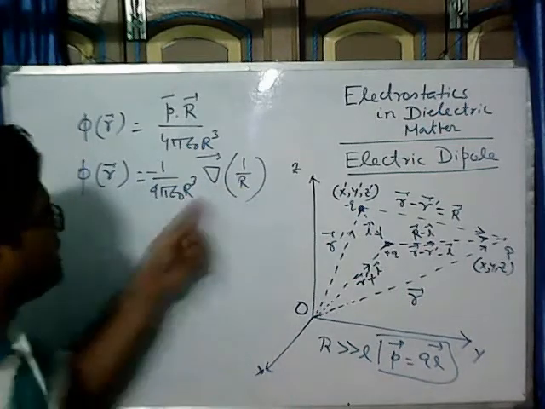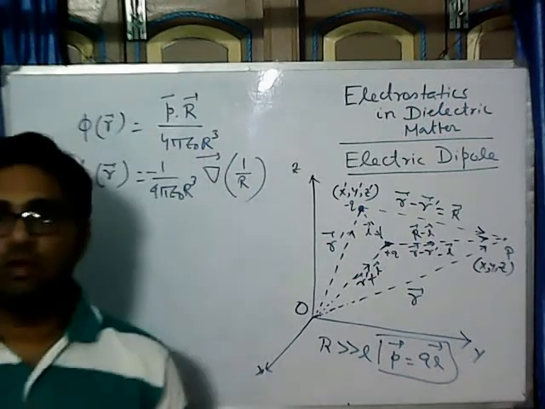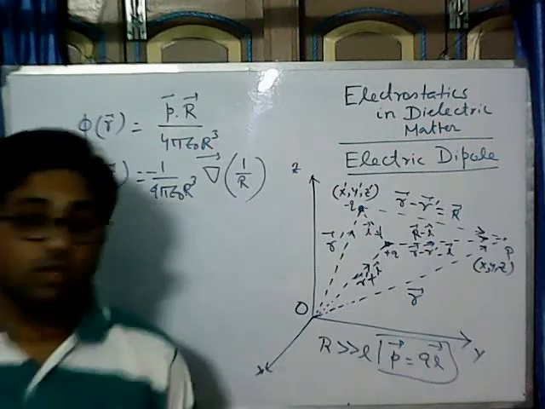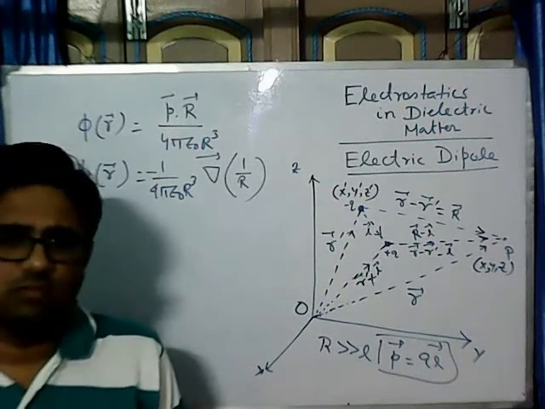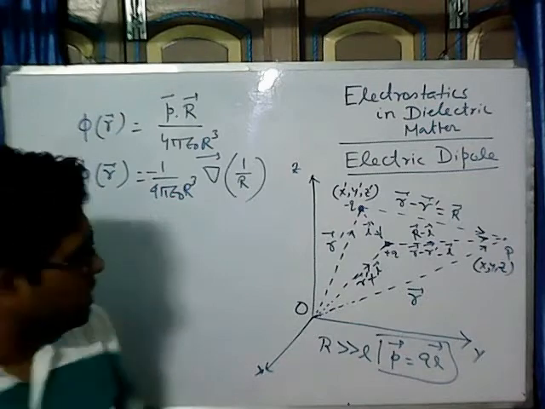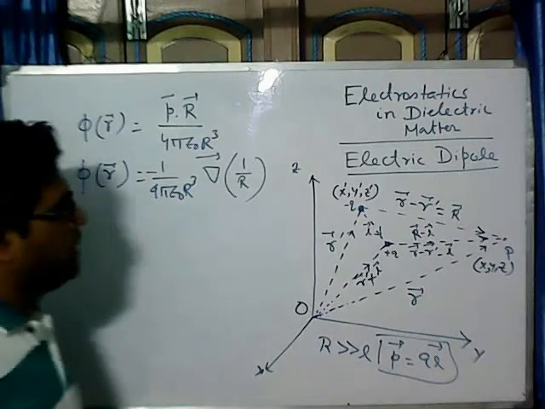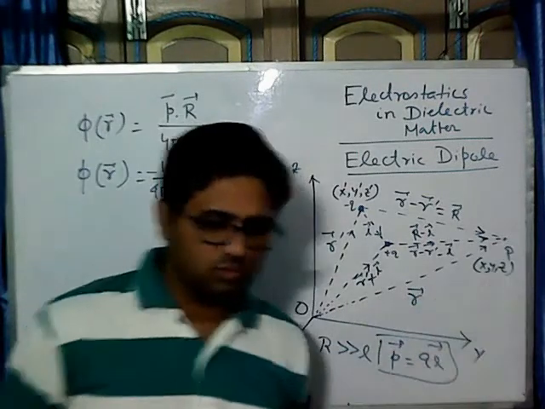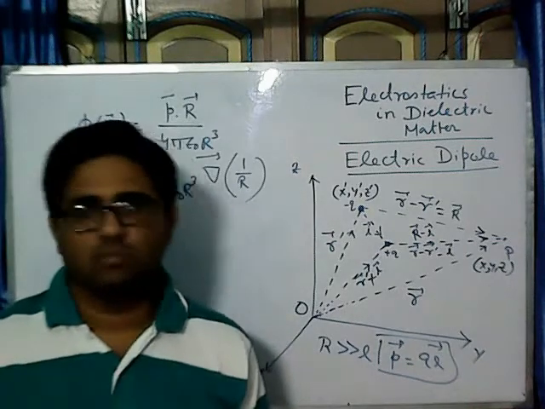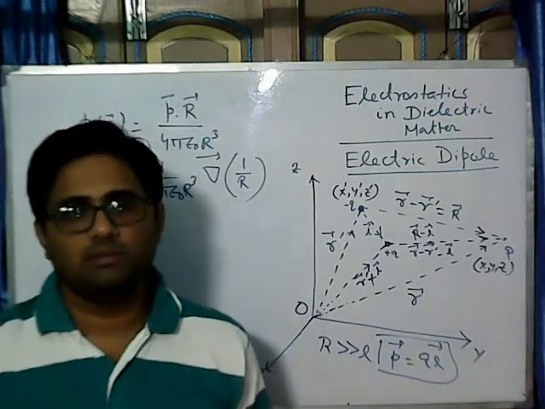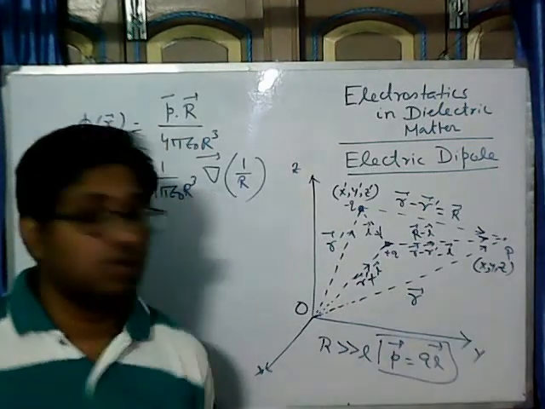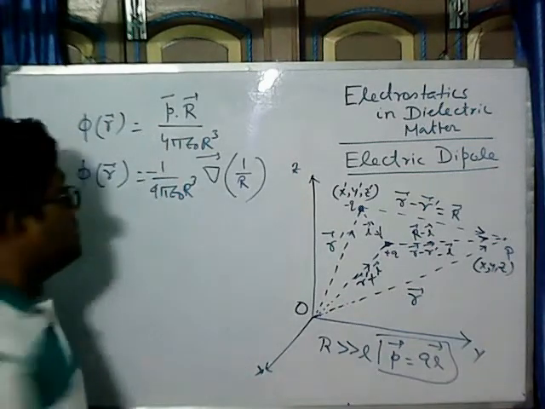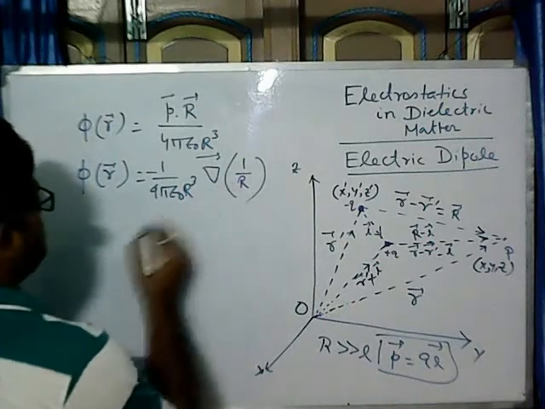We are writing it in terms of the field coordinate, which is more natural and convenient, because we always want to see the potential at the point P.